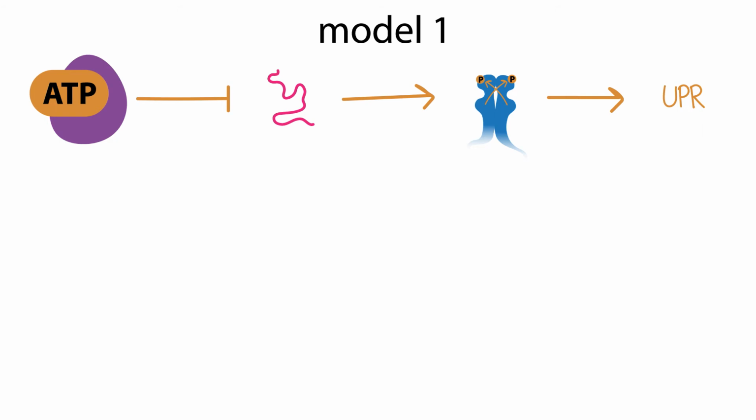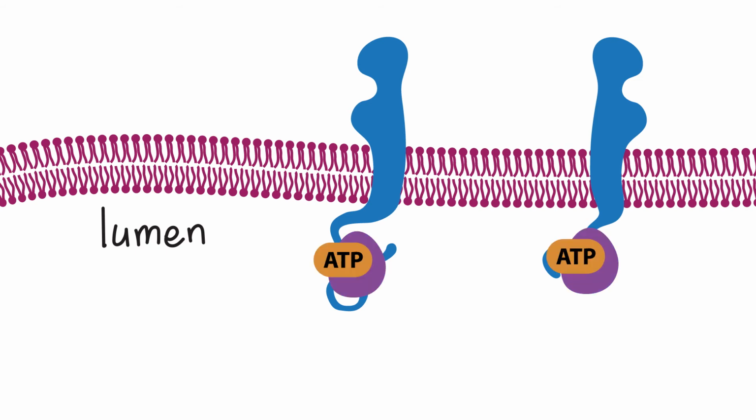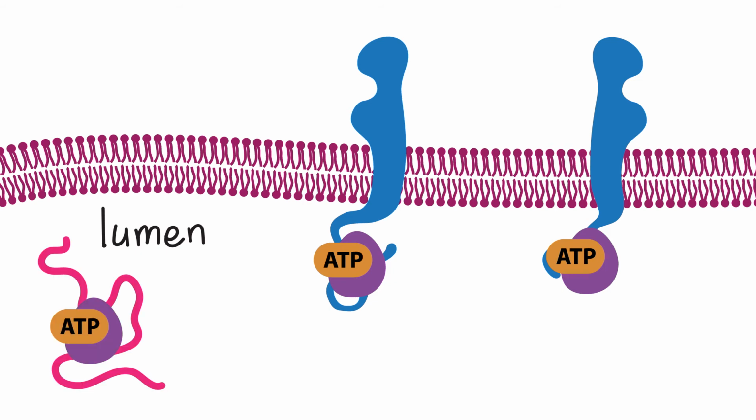But let's consider another possible mechanism. We noted earlier that the luminal domain of IRE1 appears to be highly disordered, just like an unfolded protein. We know that unfolded proteins tend to self-associate as aggregates. And so now we can ask, what if BIP binds to the highly disordered domain of IRE1 in the lumen, just as this chaperone protein binds to other unfolded proteins?